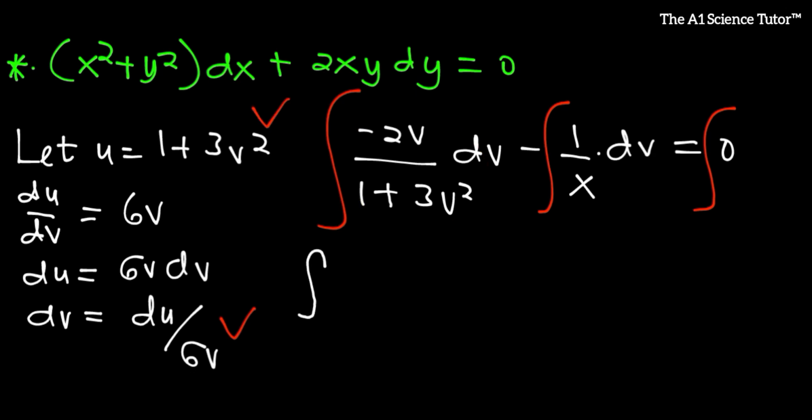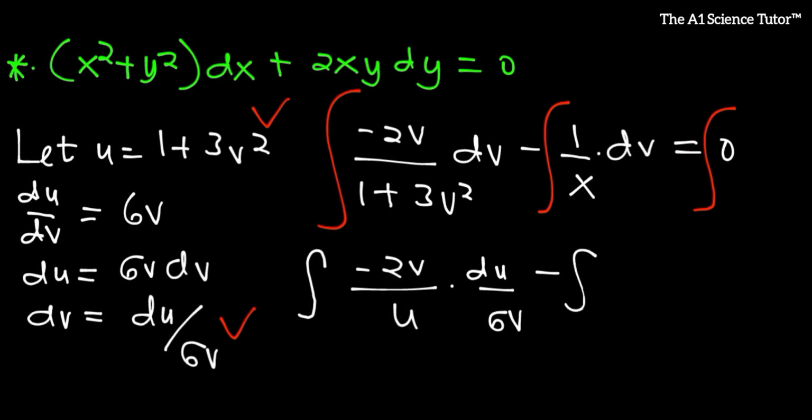So this is actually going to be a negative 2v, divided by u, and dv, that is now du divided by 6v. This is integral 1 over x dx, and here we have integral 0. So here we can divide 2v into 6v, and that should give us 3.